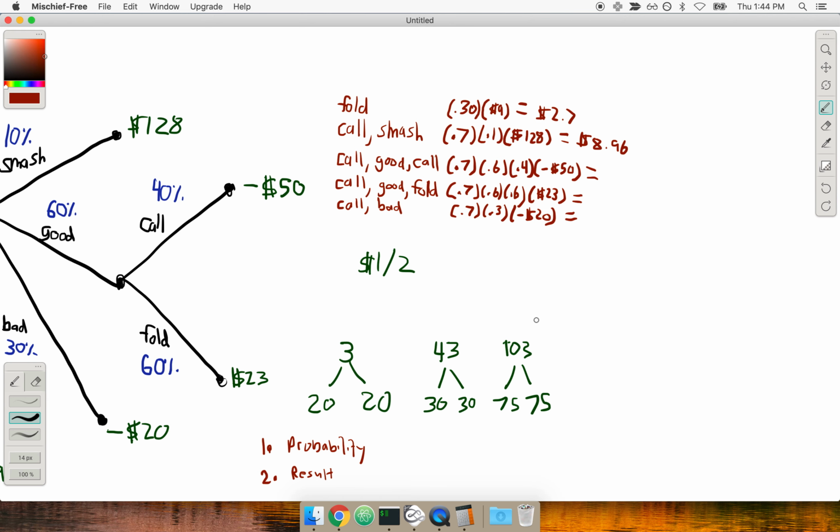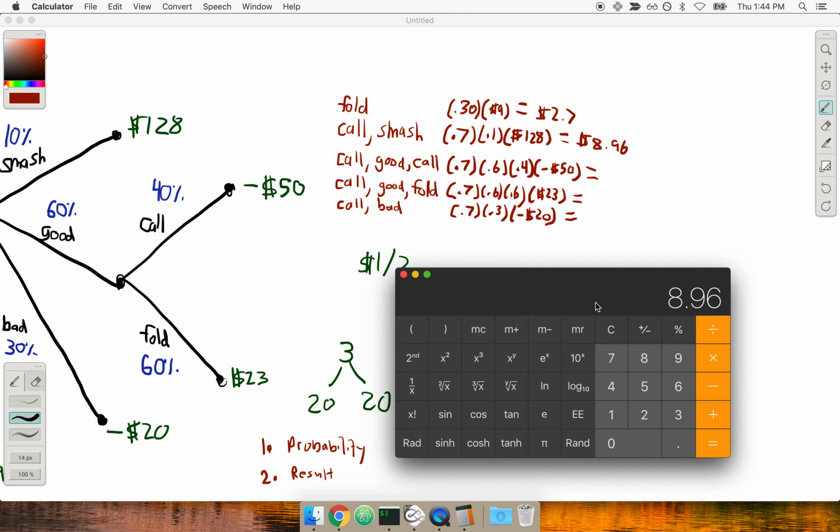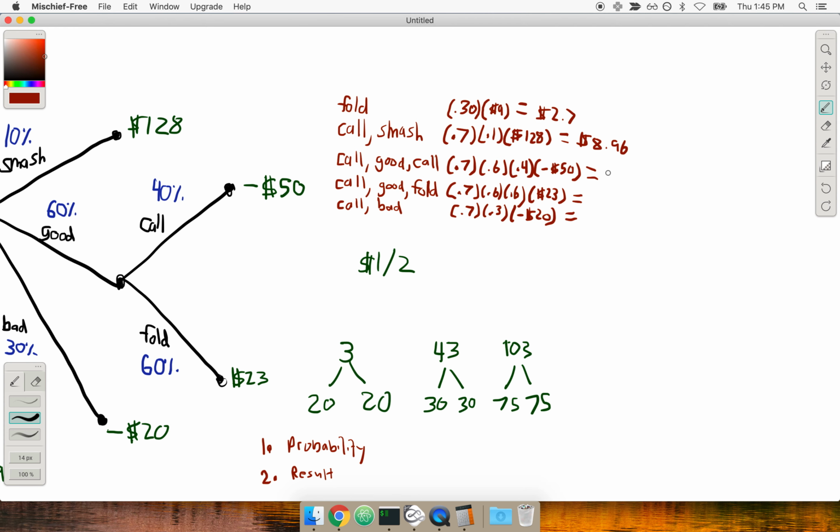All right, so now the third one, 0.7 times 0.6 times 0.4, and then times negative 50, I'll just do times 50. So here it's negative 8.4.